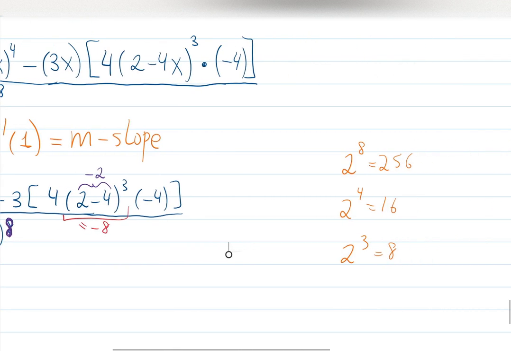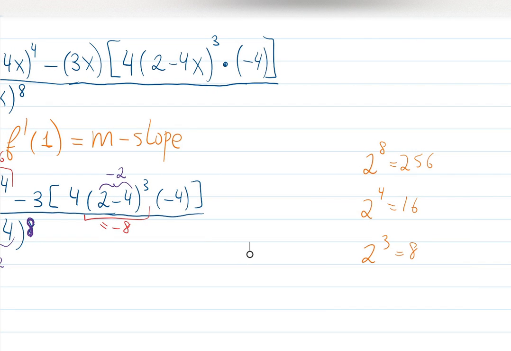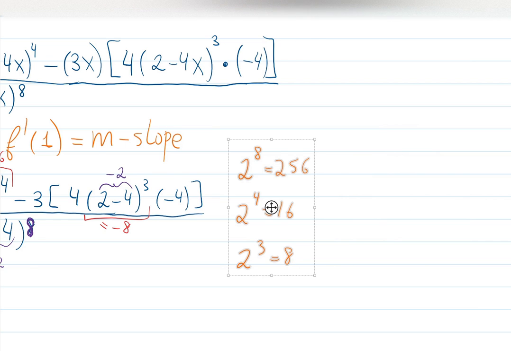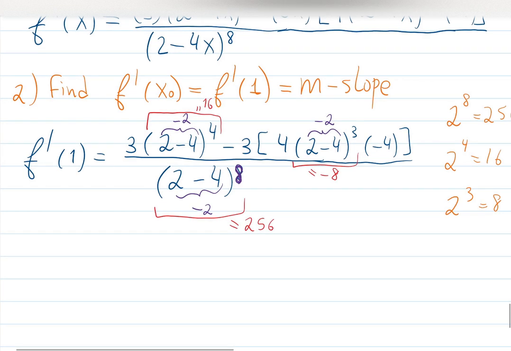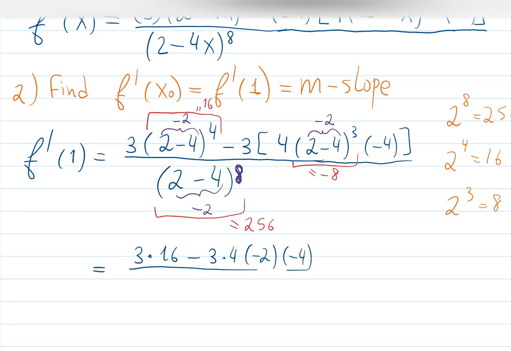I actually have a little memo over here. If you want to avoid using a calculator, you can remember these patterns. 2 to the 8 is 256. Then the result becomes 3 times 16 minus 3 times 4 times negative 2 times negative 4, all over 256.